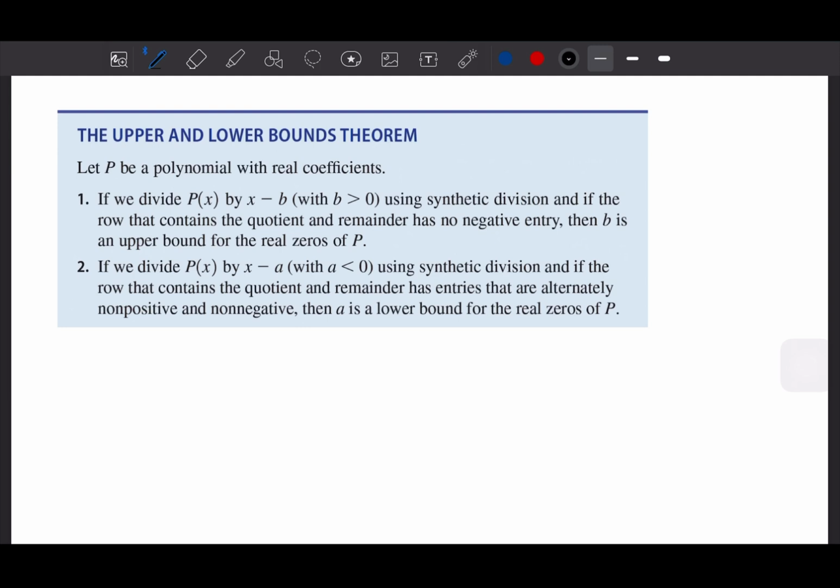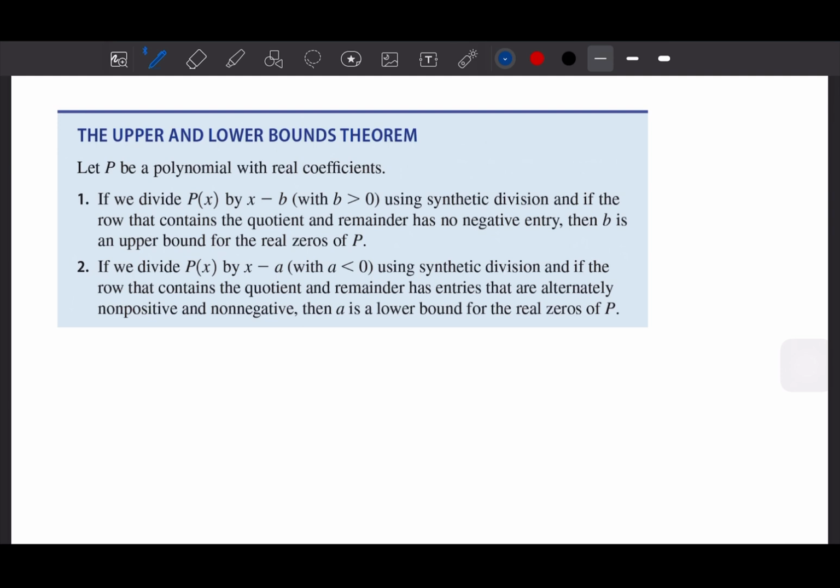Basically, what this theorem says is, for the first part, if we divide p(x) by x minus b, where b is a positive number, using synthetic division, and the row that contains the quotient and remainder, which means the row in the results section, has no negative entry, then b is an upper bound for real zeros of p.